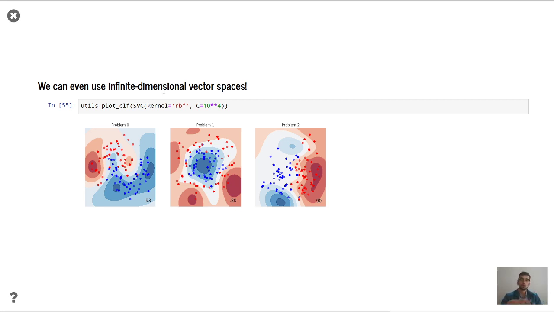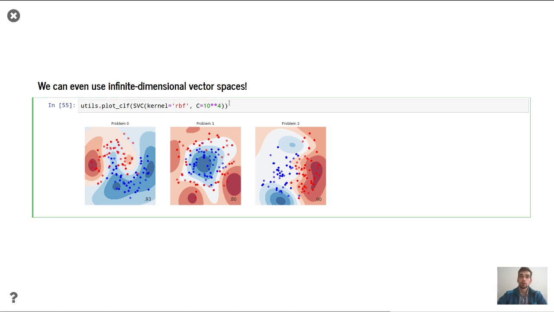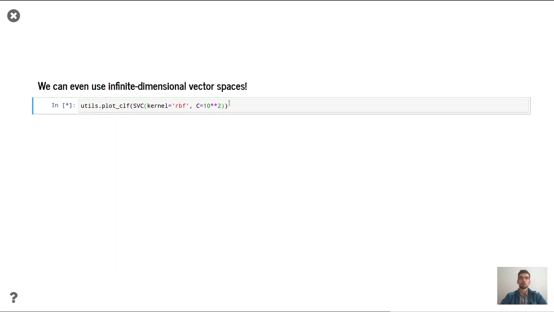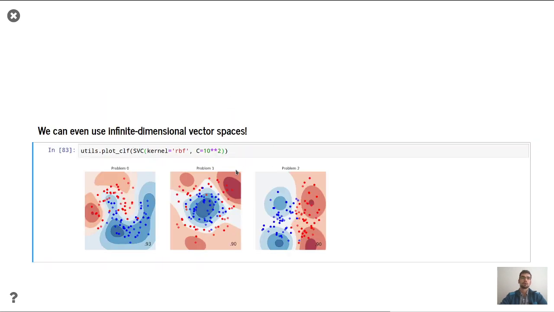So if we don't want to think about this complex math behind this idea, we can just suppose that this nonlinear kernel, for example, RBF, which stands for radial basis function, is just a way to fit a nonlinear model. And here we can also play with parameter c, complexity. So now we have 10 in the power of 4, which seems to be a quite complex model. We can try to modify it and select 2.